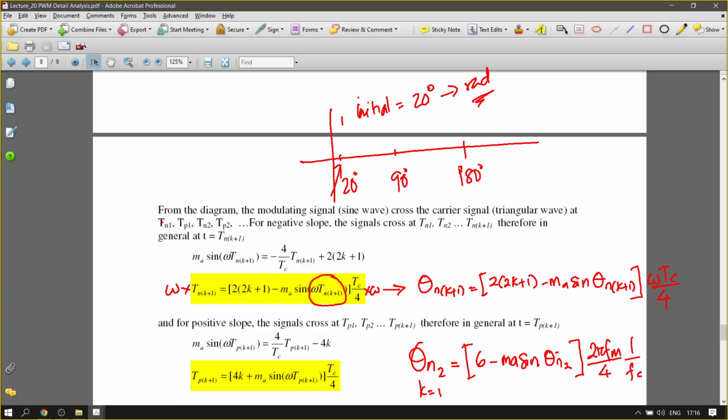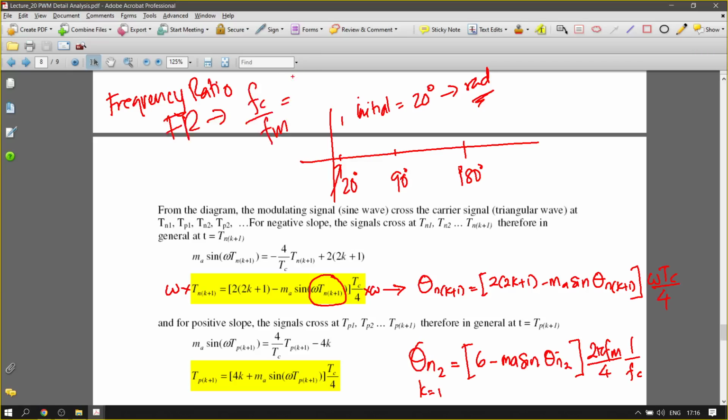Okay. One more thing. It is called the frequency ratio, or known as FR, and this is Fc divided by Fm.